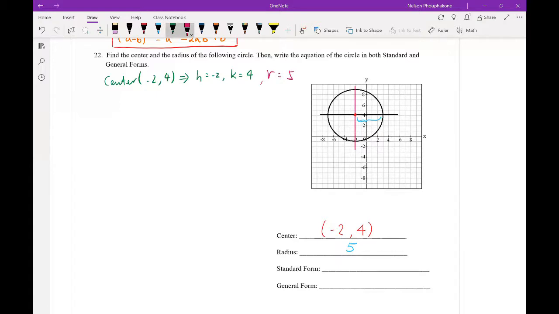So the standard form will be (x minus -2) squared plus (y minus 4) squared equal to 5 squared. How do we simplify?